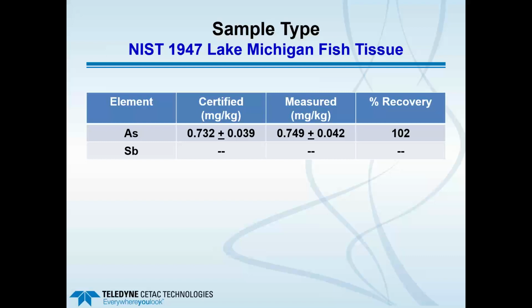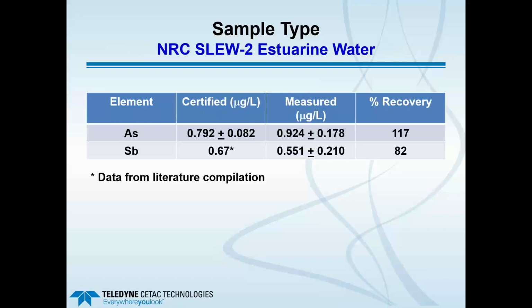And excellent agreement for the arsenic that was certified in the Lake Michigan fish tissue. Fortunately, there wasn't an antimony value, but we have excellent agreement for the arsenic. Then the estuarine water, where we could get some idea of the antimony recovery.